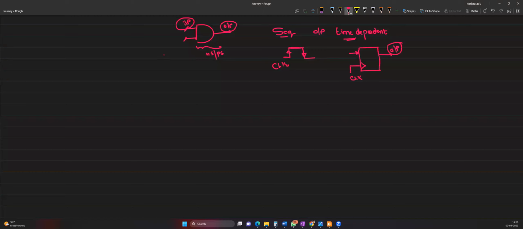So it has a memory. It is a memory system, not a memory-less system. Always in the combinational circuit, we represent the output in terms of input. Here we represent the output in terms of state.